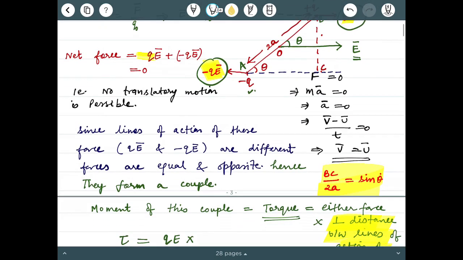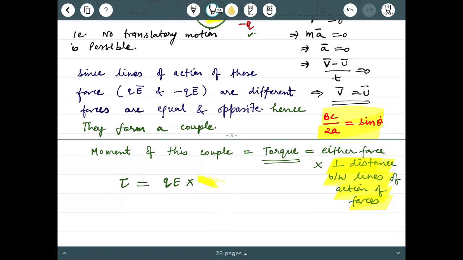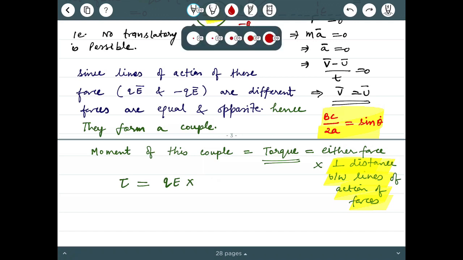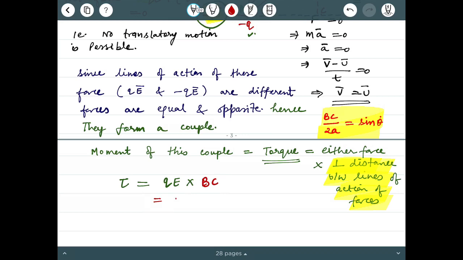BC is the perpendicular distance, so QE into BC, and the value of BC is 2a sin theta. So QE into 2a sin theta. Q into 2a becomes P, so PE sin theta.